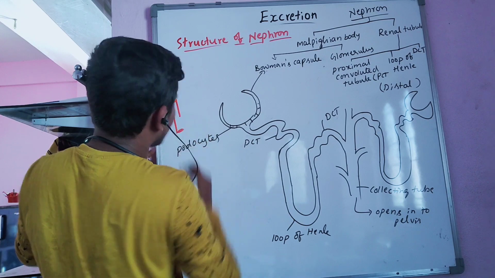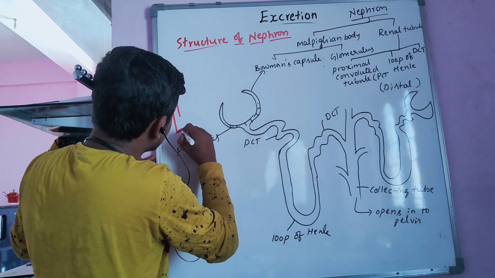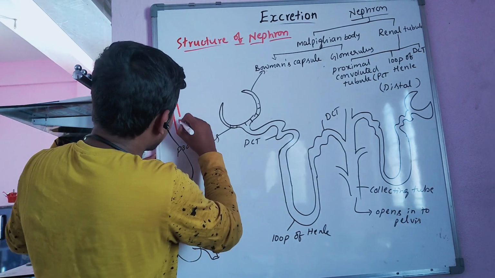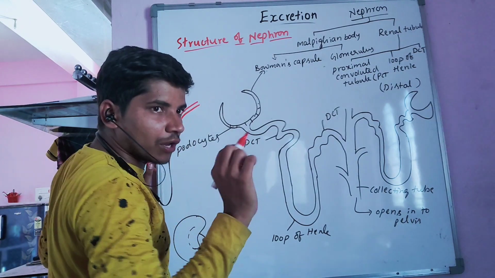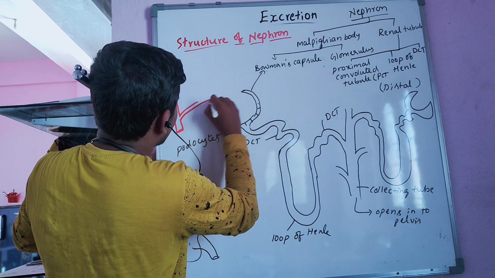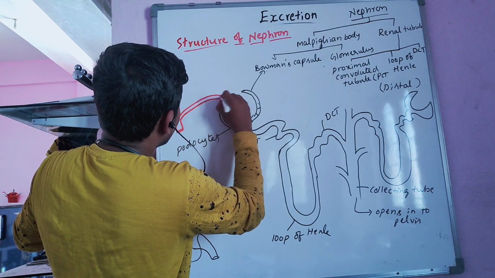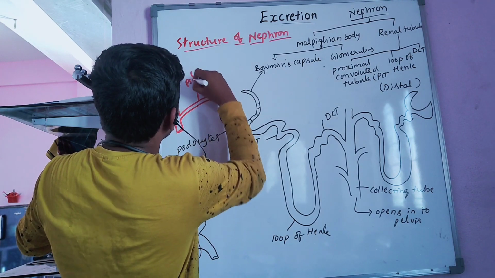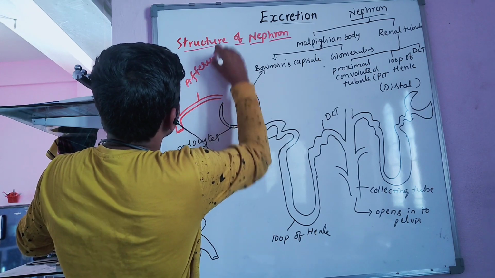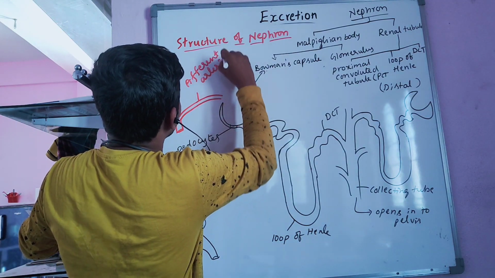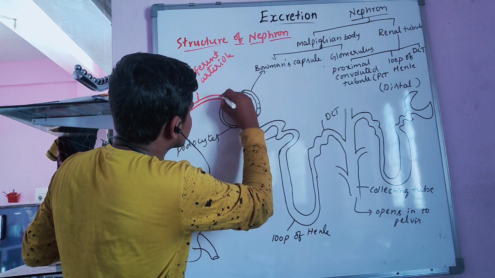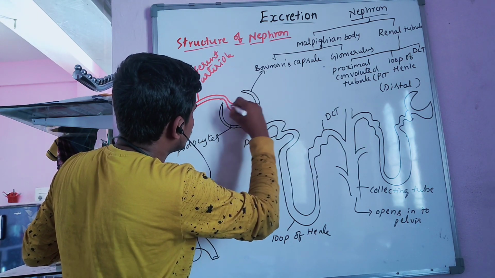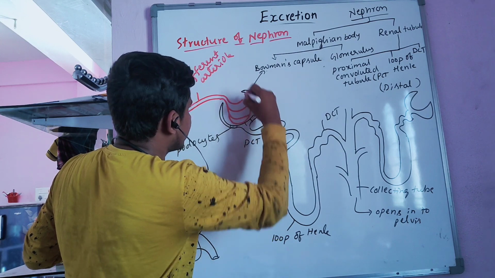The blood goes from the aorta to the renal artery. After entering the kidneys, it divides into so many fine small arteries called afferent arterioles. This is the afferent arteriole, capital A. The afferent arteriole enters the cup-shaped structure and divides into so many fine blood capillaries.